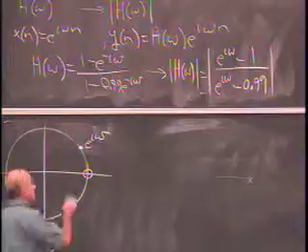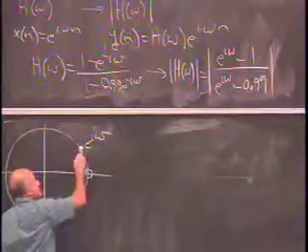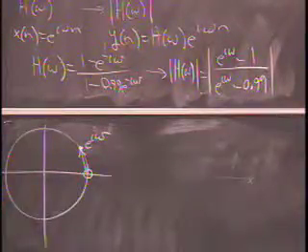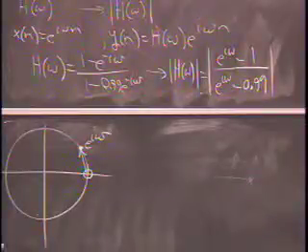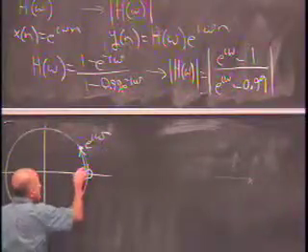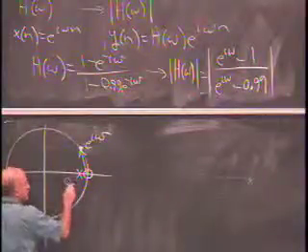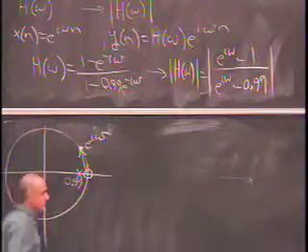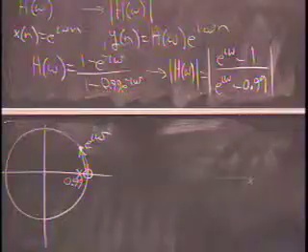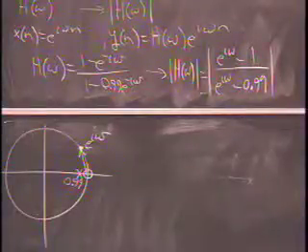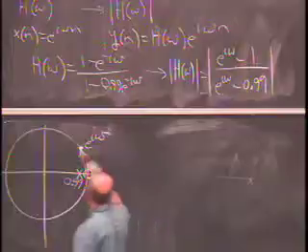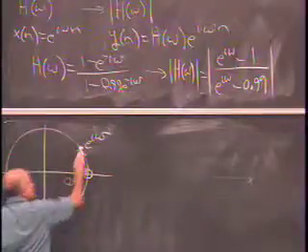So there's an e to the I omega minus 1. It's the length of that blue vector. And I have a 0.99 in the denominator. I represent that with an x. That's 0.99. And the length of that is this vector right here.